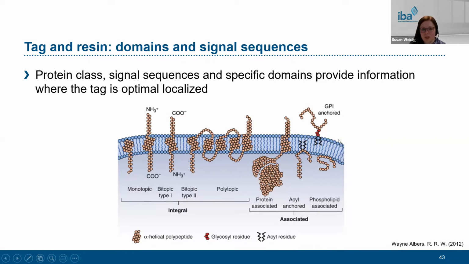And some proteins also have post-translational modifications, and these sites should also not be influenced by the tag. So you should keep in mind signal sequences and specific domains if you select the optimal position of the tag.